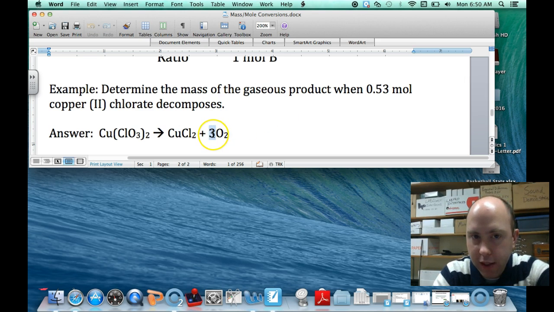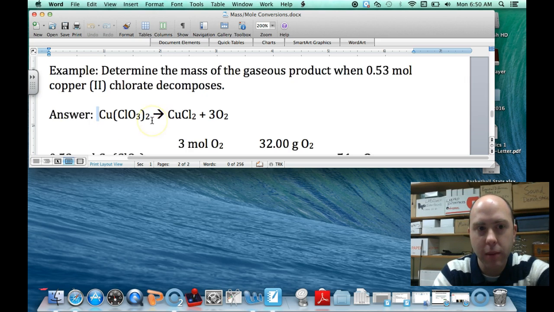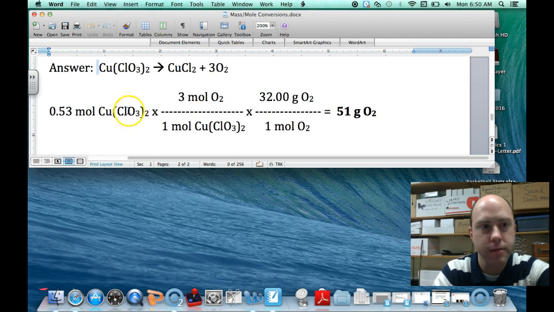So I'm going to put 3 on top. And then the coefficient of what I started with goes on the bottom. I started with copper 2 chlorate, so that coefficient, which is 1, goes on the bottom. So now I have 0.53 moles of copper 2 chlorate times 3 moles of oxygen divided by 1 mole of copper 2 chlorate.